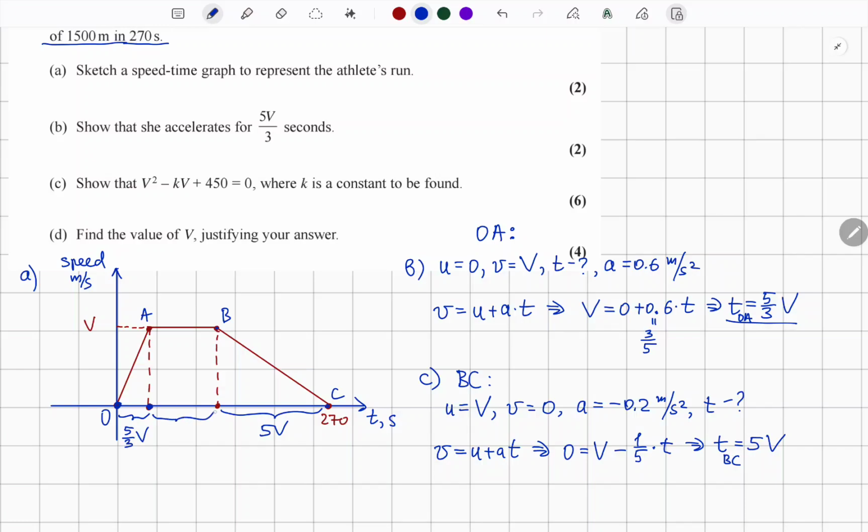So I want to fill this part as well because I know that the total time of motion is 270 seconds.